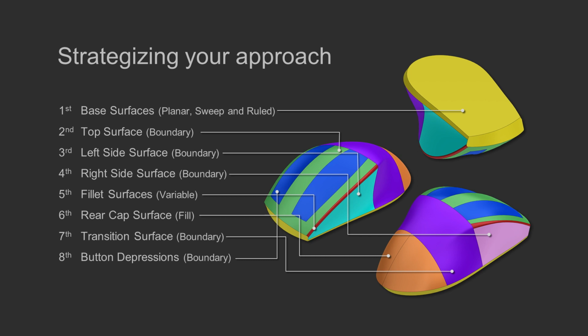This slide shows how I've approached the problem, and you can see that I've prioritized these as we'll step through the model. So starting with the base surfaces, this is a planar surface the mouse is actually contacting the tabletop with.